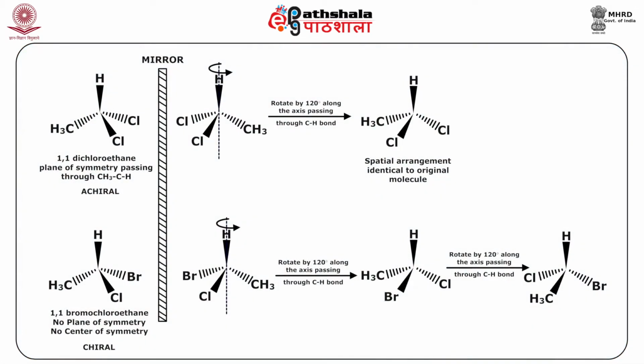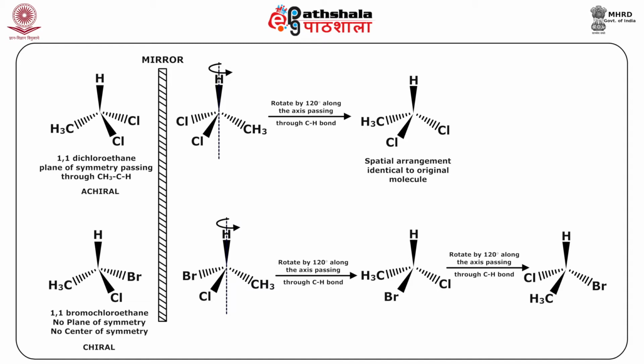To understand the difference between chiral and achiral molecules, let us compare two molecules, 1,1-dichloroethane and 1-bromo-1-chloroethane. These are shown to you here in this figure. We can clearly see from the figure that 1,1-dichloroethane has a plane of symmetry passing through the CH3-CH bond, whereas no plane of symmetry is present in 1-bromo-1-chloroethane.